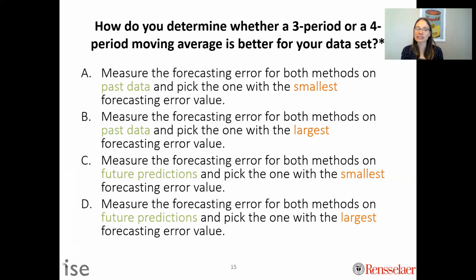So C and D therefore are wrong because that's just not possible. So A and B are now our competitors. And the difference is, do you pick the one with the smallest forecasting error or the largest? You want to minimize the difference between what you think are systematic components and that error term that we started this video with. So A is the correct answer.